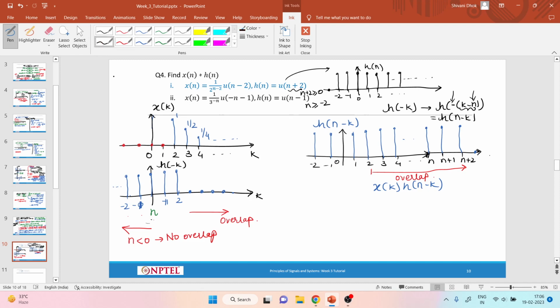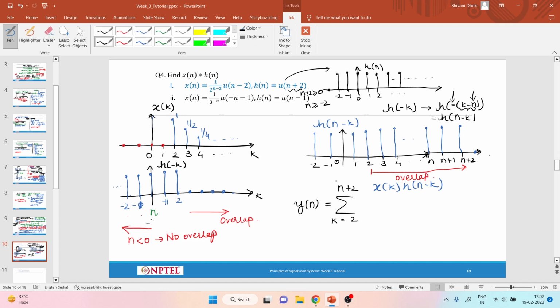And therefore, my y of n is given by the range of this overlap, that is k running from 2 to n plus 2, of x of k. What is my x of k?